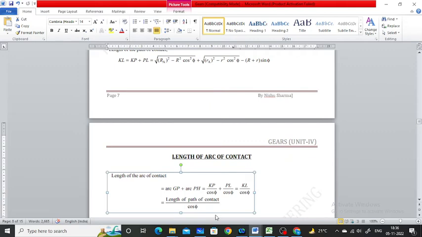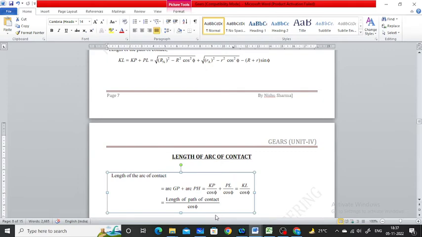Now we discuss the length of the arc of contact. The arc of contact is the path traced by a point on the pitch circle from the beginning to the end of engagement of a given pair of teeth.